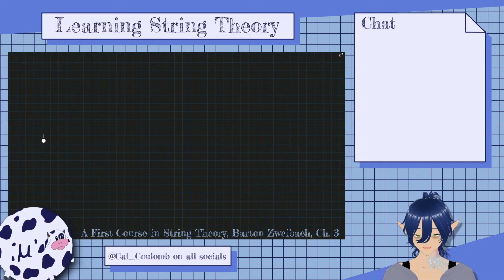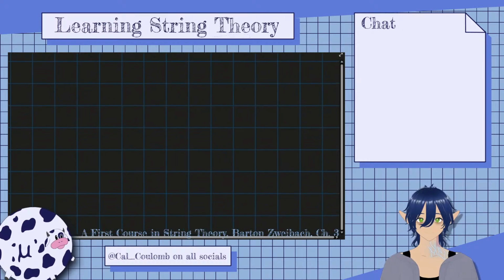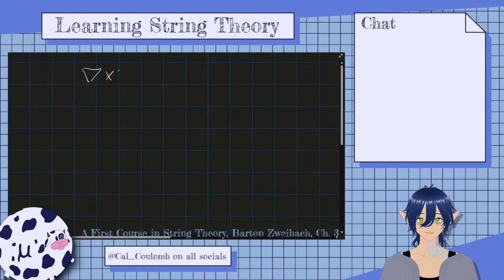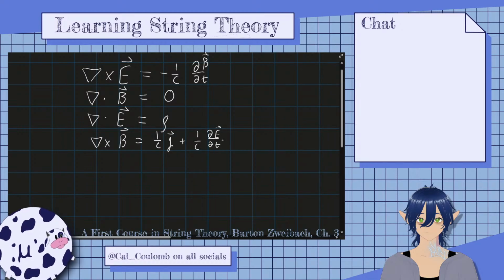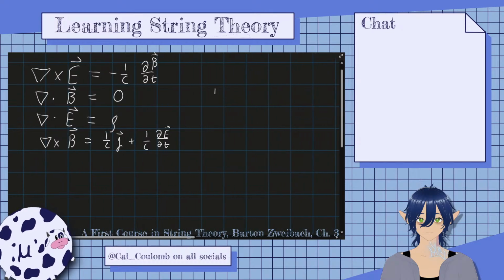In this system of units, Maxwell's equations take the form: del cross E is equal to minus 1 over c partial B over partial t; del dot B is equal to 0; del dot E is equal to rho; and del cross B is equal to 1 over c J plus 1 over c partial E partial t. So this is Heaviside-Lorentz units.